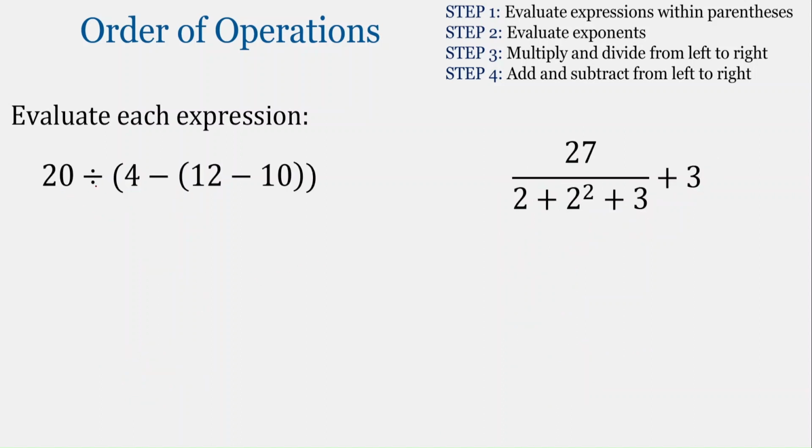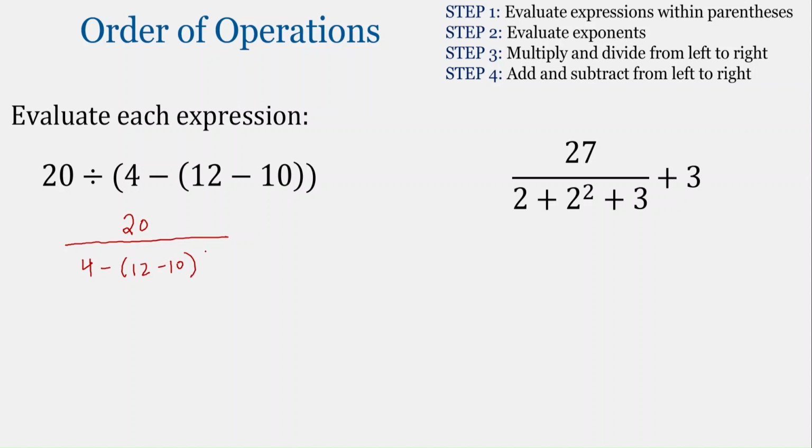So here we have 20 divided by, and then we have this long expression within the parentheses. Now we could rewrite this as 20, and then using a bar for division, 4 minus 12 minus 10.